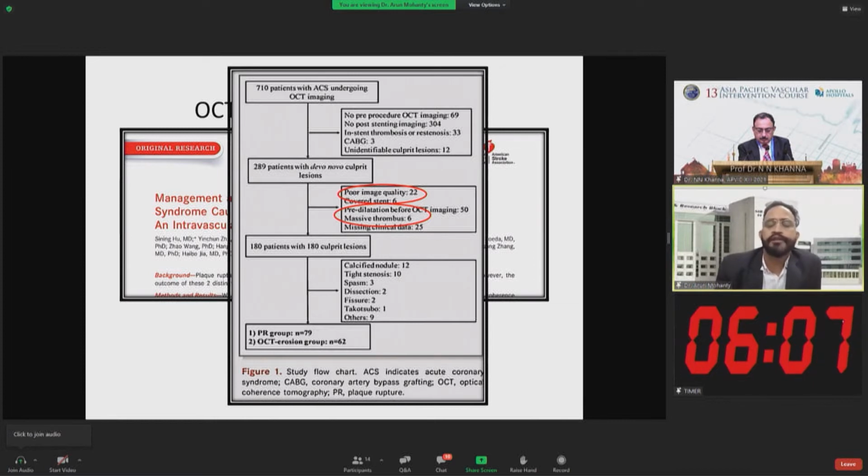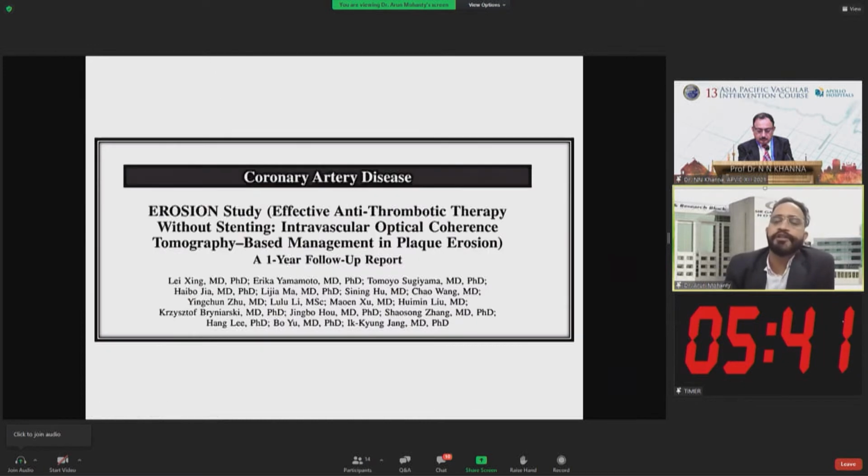For acquiring an OCT image, you need good flow in the coronary. Sometimes the flow is so sluggish you get only blood artifact. So imaging is not that easy in the ACS setup. Of the patients taken for OCT evaluation, the plaque rupture group was 79 and the erosion group 62, and many patients were excluded because of poor quality imaging. Thrombus is a major problem.